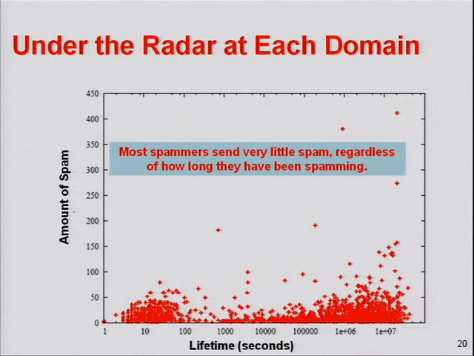This is almost a year and a half out here, and this is 0, and that's log scale. So you can see that even the IP addresses that have been active for a fairly long time, most of them are not sending more than 50 or 100 pieces of mail to the trap, and it's fairly independent of how long the IP address has been active.